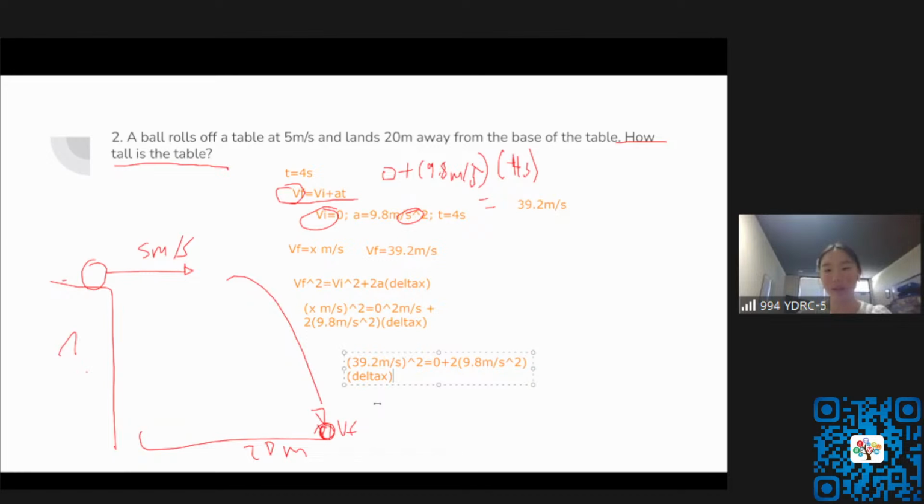Then we get delta x by dividing 39.2 meters per second, squared, by 2 times 9.8 meters per second squared. If we divide this, we get 78.4 meters. So delta x would equal 78.4.